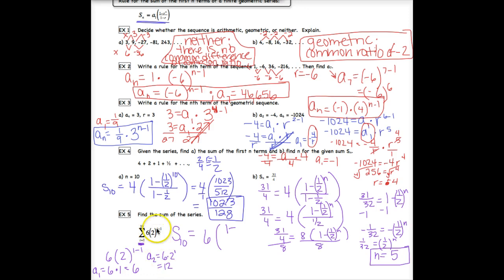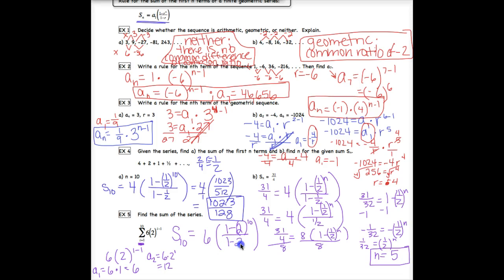So if you didn't just know to look at the base, that's another way you could figure it out. But I think most of you can probably look at that and say, I know that the common ratio is whatever the base is here. So this is going to be 2. 1 minus 2 raised to the n, which is 10. And then on the bottom, 1 minus r.